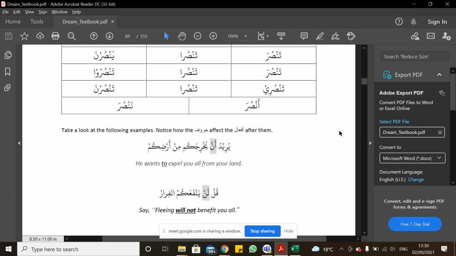When we say yukhrijakum, where is the fail ending and what is the attached part to it? Kum is attached, and yukhrija here is ending with fatha, and kum is attached. So yukhrija is our fail, which could be yukhriju, but it is yukhrija here, right? Why is it yukhrija? Because it is made light. So everybody got it?